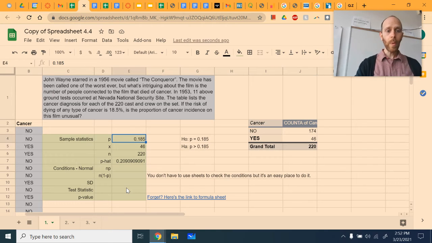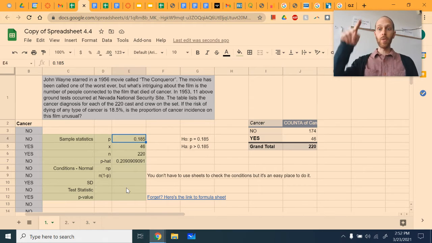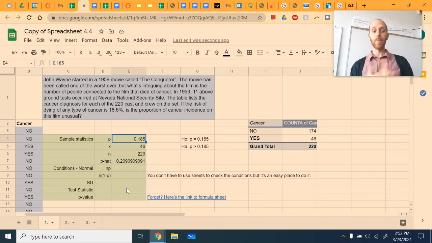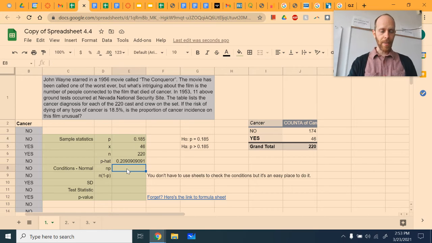We talked today about how you need normality in order to run one of these tests because you use the normal curve when you are calculating your p-value. So let's check the normal conditions. First, n times p has to be at least 10. So I'm going to say n is 220 times p is 0.185.